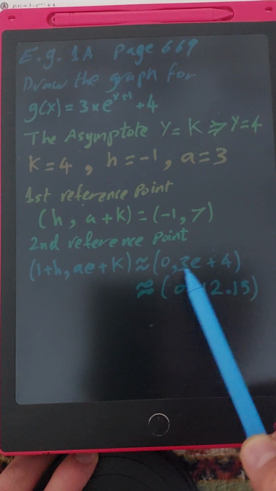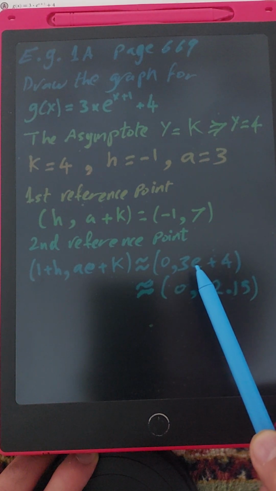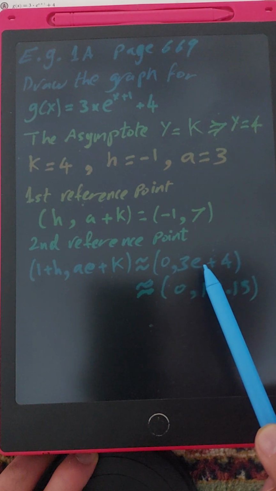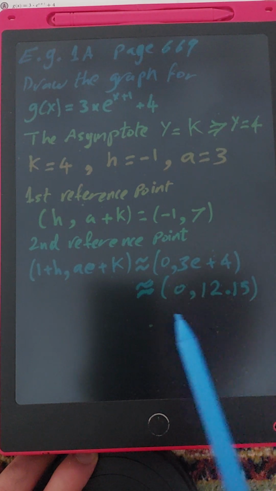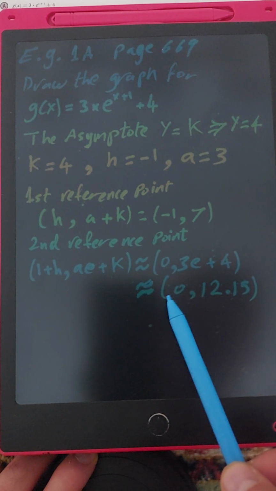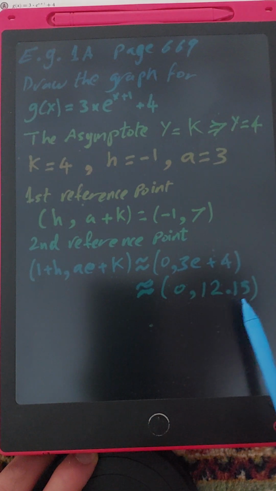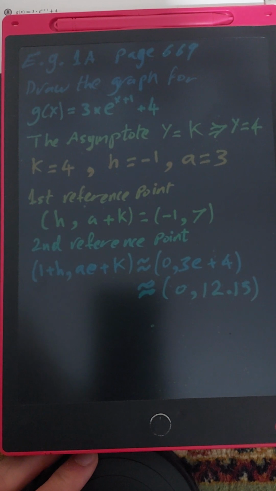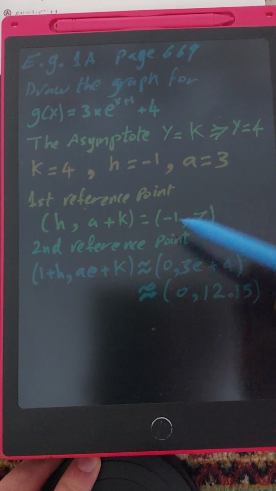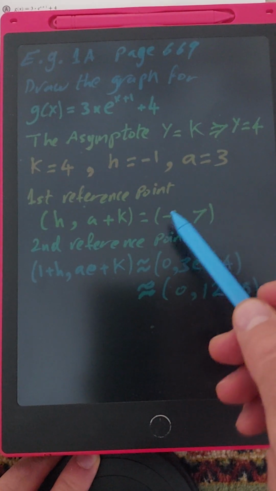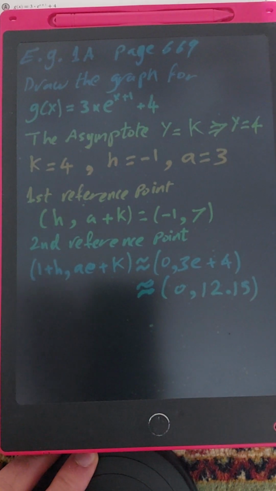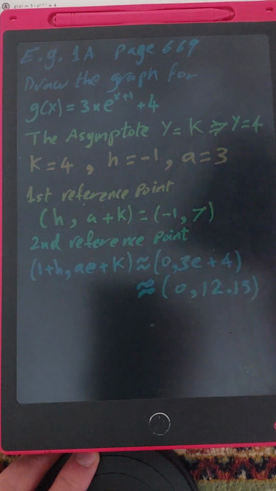We know the value of e is 2.7182, so we multiply 3 times 2.7182, plus 4. It's going to be close to 12.15. To draw these points, the first point is (minus 1, 7). The second point will be (0, 12.15).